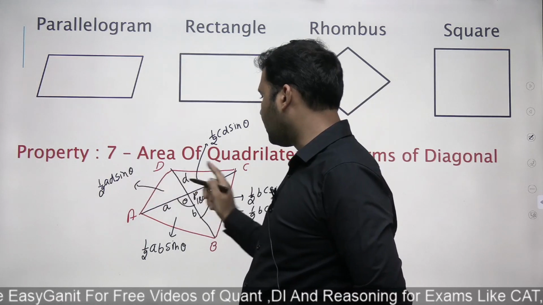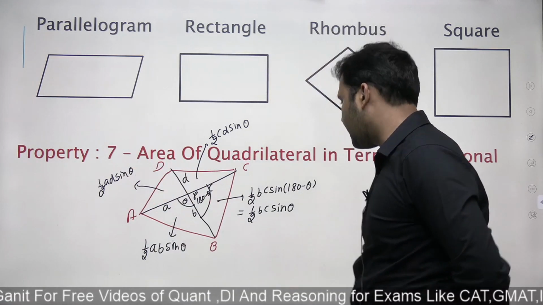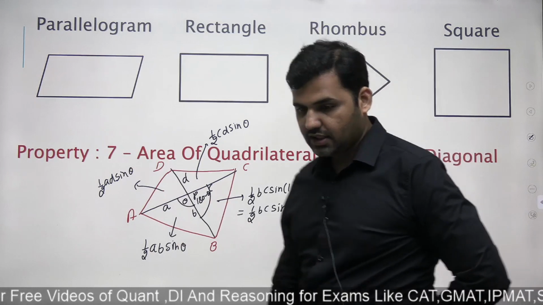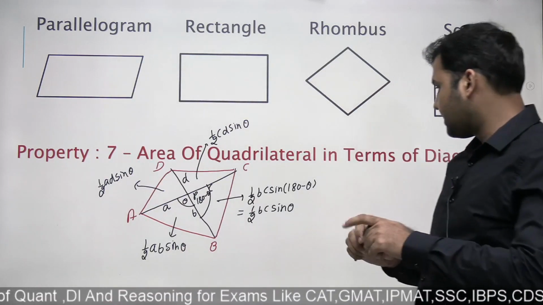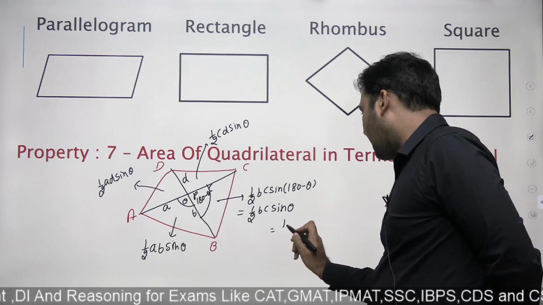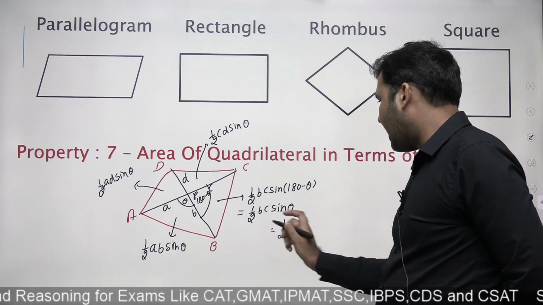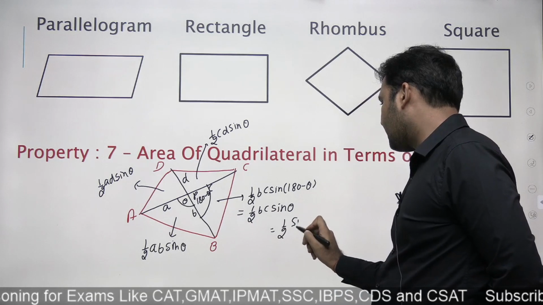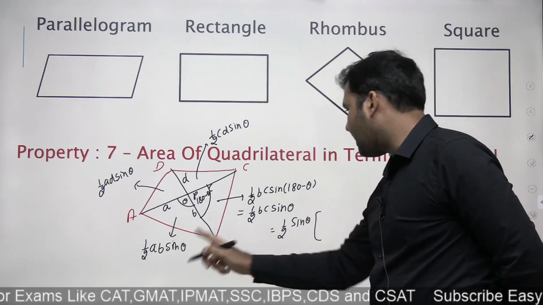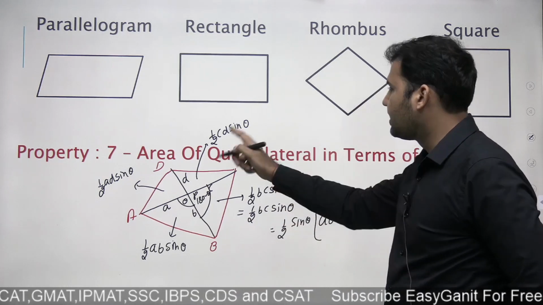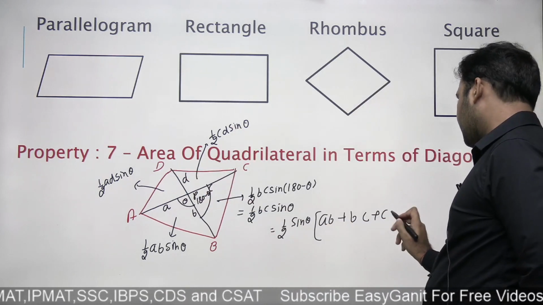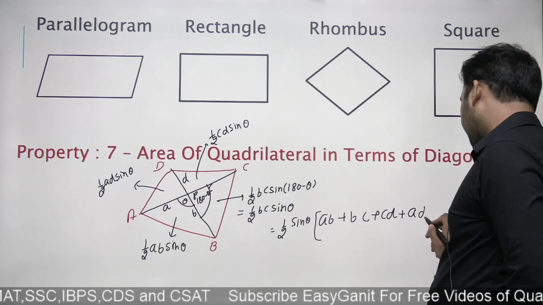Now if I add all these 4 areas, it will be equal to half into, you see that half sine theta will be common and you will be left with AB plus BC plus CD plus AD plus CD plus AD.